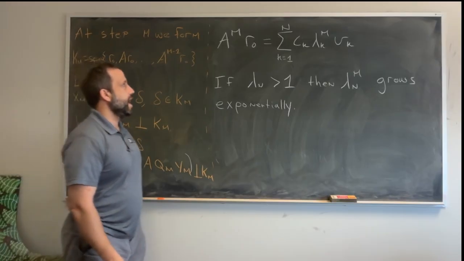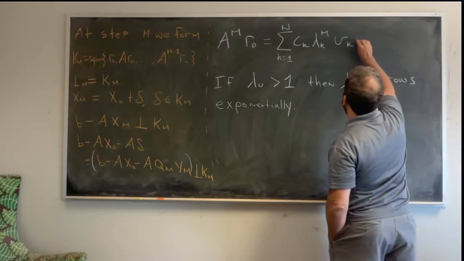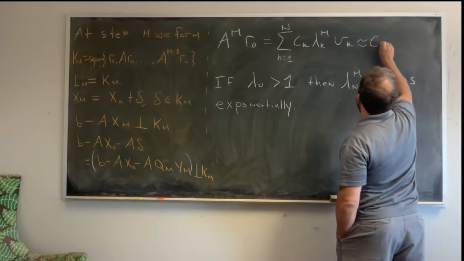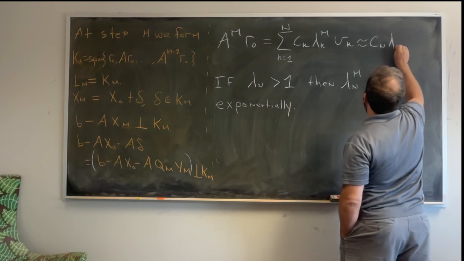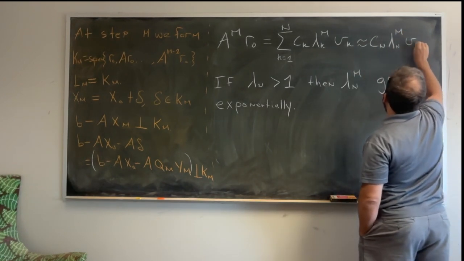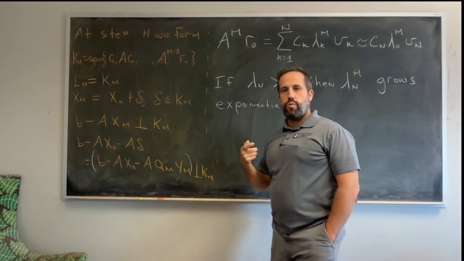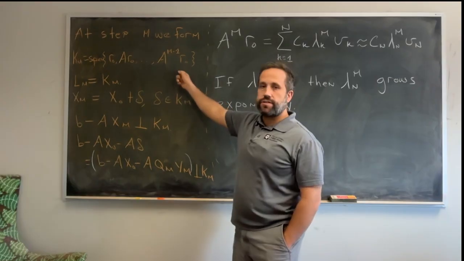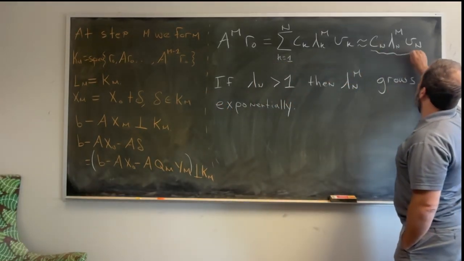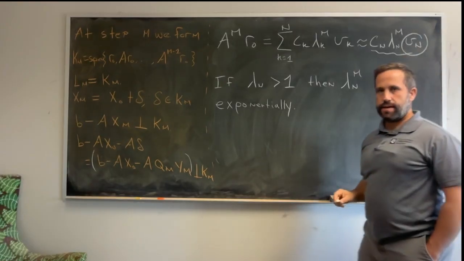So what's going to happen for very big values of m, or maybe not even very big values of m, is that this is going to be roughly equal to cn times lambda n to the power of m times vn. So in other words, each time we form the new vector to add to this space, it's basically just going to be a multiple of vn.